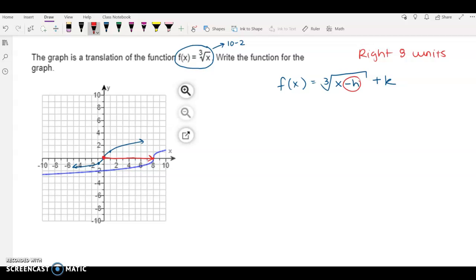Right or left is going to be our inside, and it's always the opposite. So again, if I'm moving to the right, it's not going to be a +8 because we have to make it the opposite. All right, so it would be a -8. And again, we're not going to have that adding or subtracting on the outside because this graph doesn't look like it went up or down at all.